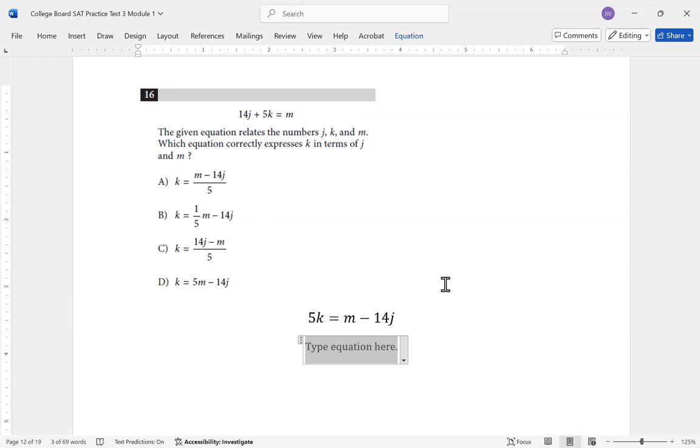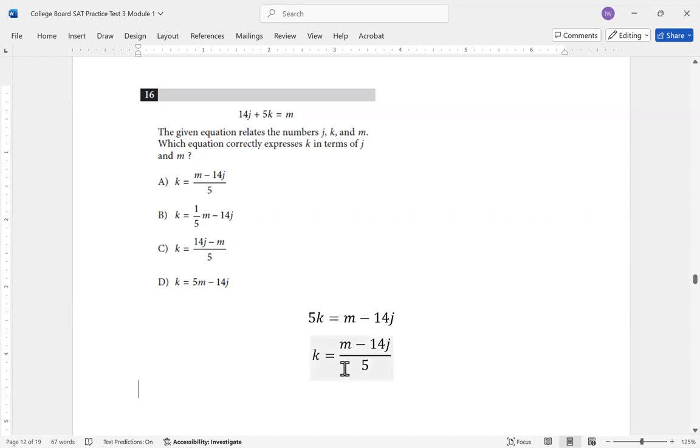In order to solve for k, we would divide both sides by 5. So I'd end up with m minus 14j, all divided by 5 on the right-hand side. And on the left-hand side, I would just end up with k. So now I've solved this for k.